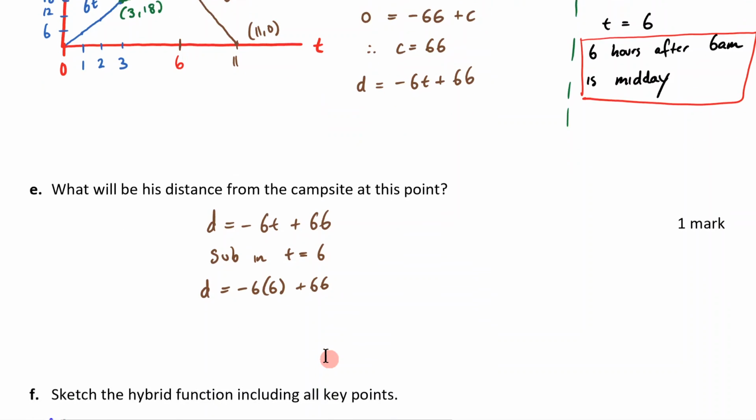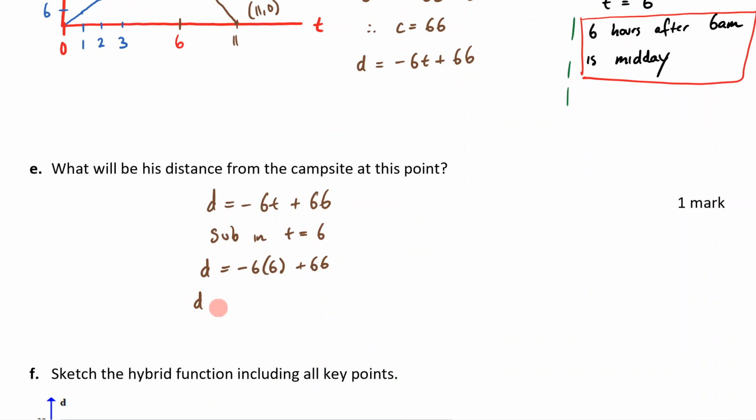And then, if we keep on going, we're going to get d is equal to negative 36 plus 66, which means d is going to be equal to 30. So therefore, 30 kilometers. That's going to be my answer.